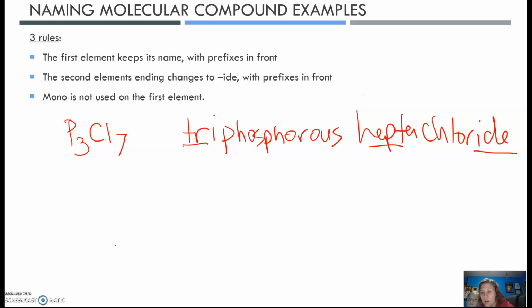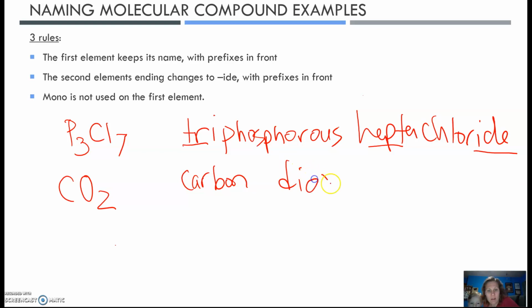Let's do another one. Mono is not used on the first element, so we all know what this is. It is carbon dioxide. It doesn't say monocarbon. And then oxygen becomes oxide.